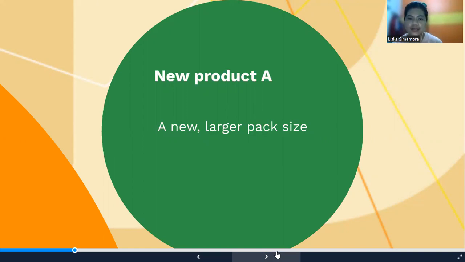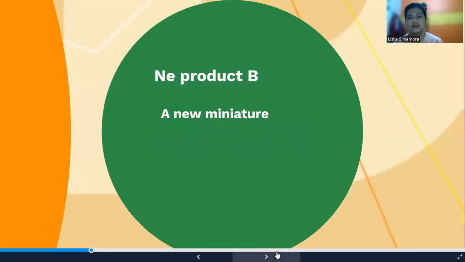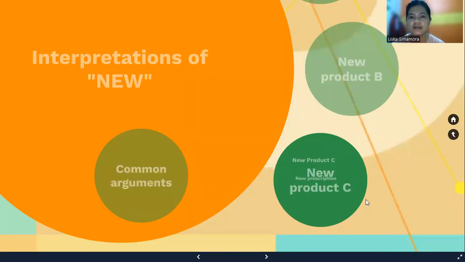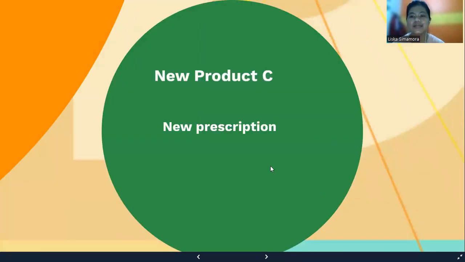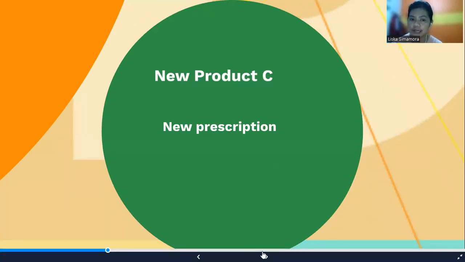Next, the new product B. They define the product as new based on their appearance. Okay, they have a new miniature. And new product C is new prescription. They consider the product as new because they have a new prescription.